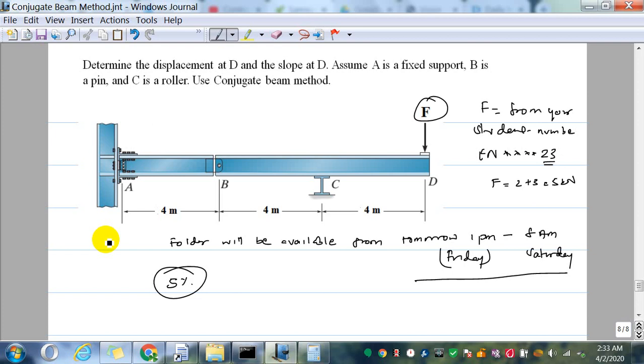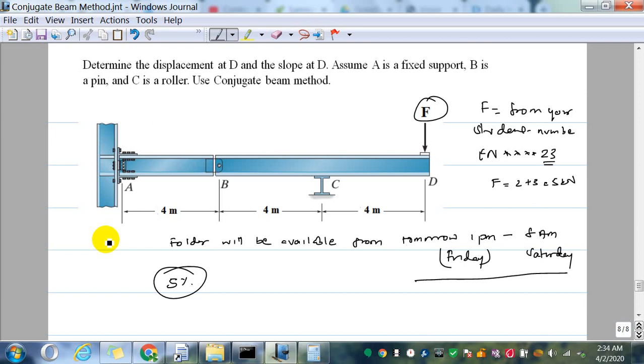So normally I give 10% to the computer lab and 5% for the sort of exercises that we do as we progress through the class. So this could contribute towards some part of that 5%. So it's essential that you do this problem and upload before Saturday 8 a.m.